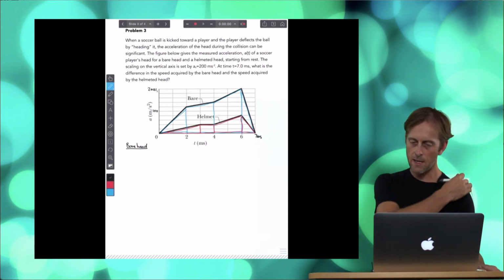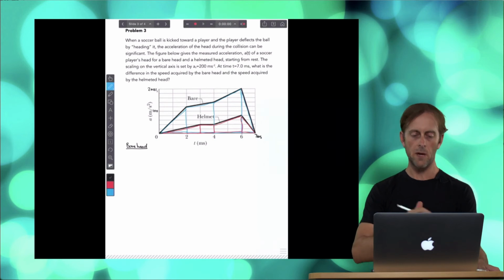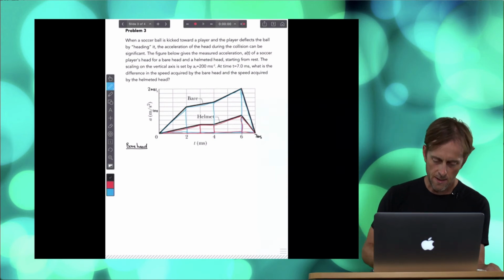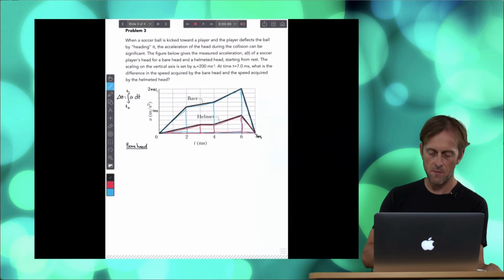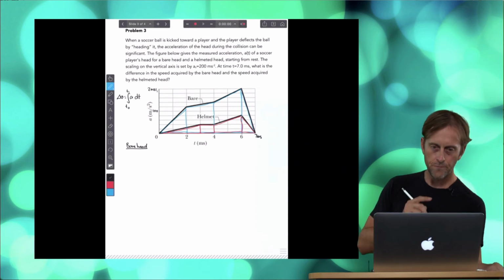So let's do the bare head first of all. Remember, I'll just write it up here, the change in velocity is the integration from t0 to t1 of the acceleration versus time graph, like this. So it's just the area under the curve, just reminding you of that integral thing.